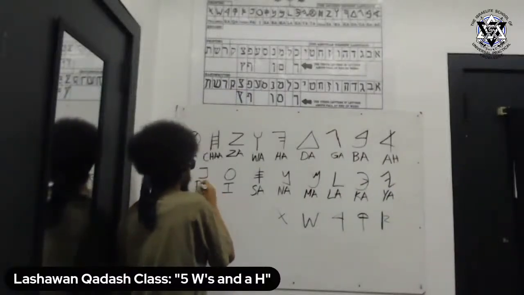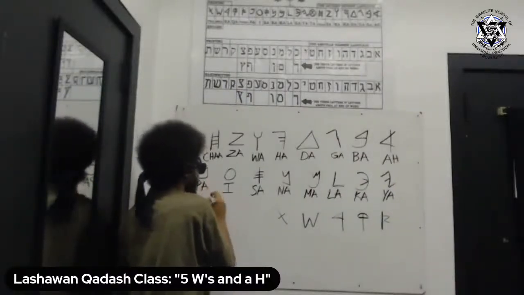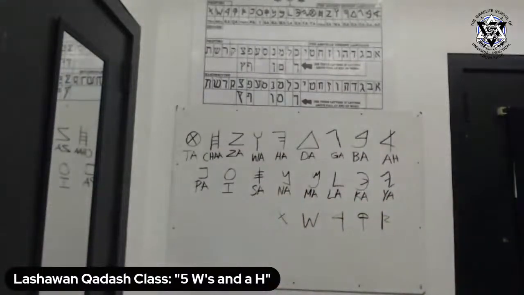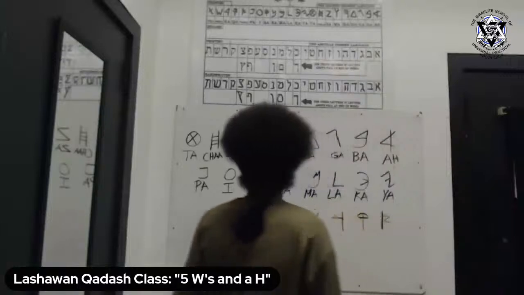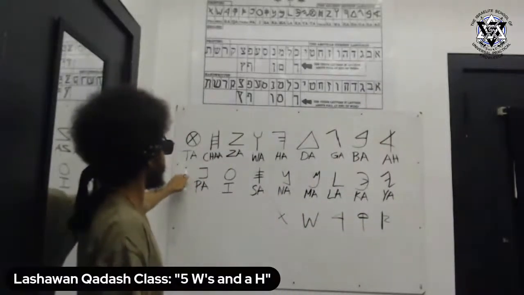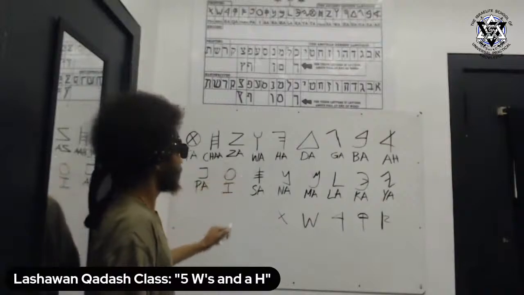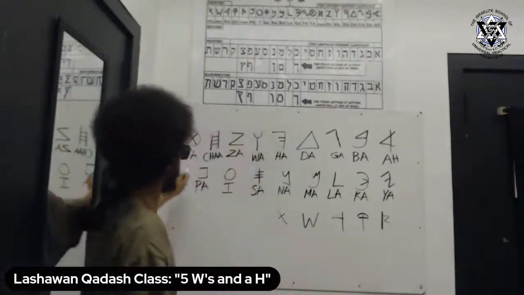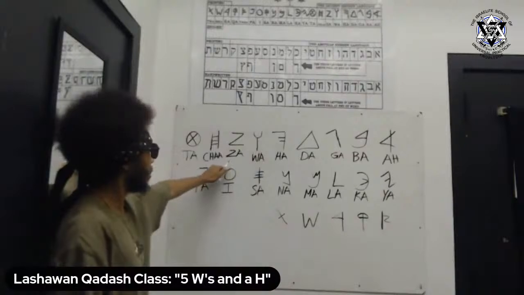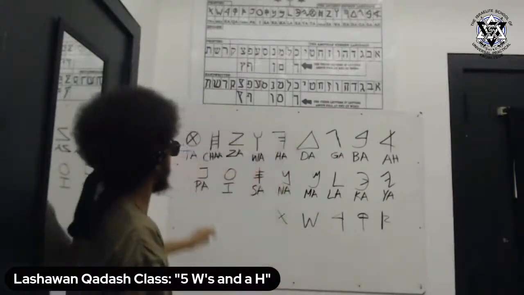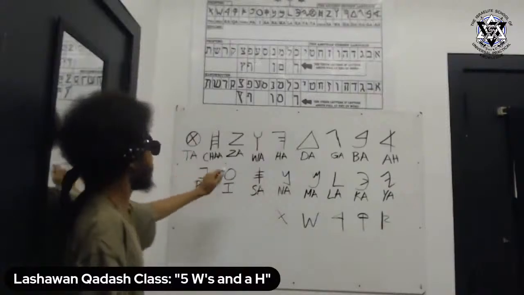Once again, I did say a lot of them sound just alike. So that's a puh. What is this? Okay, no sweat, I got you. So put these two together. Say it separately.